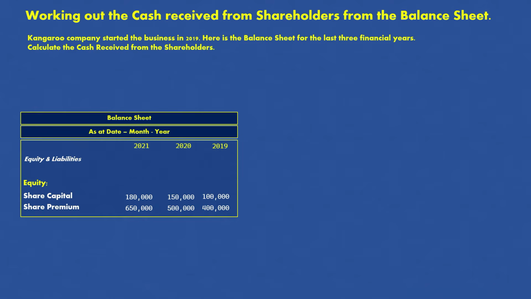So from 0 you have reached 100,000 in share capital and 400,000 in share premium, which means that you have received a total of 500,000, 5 lakhs, in 2019. So I would say cash received from the issue of shares must be 5 lakhs.